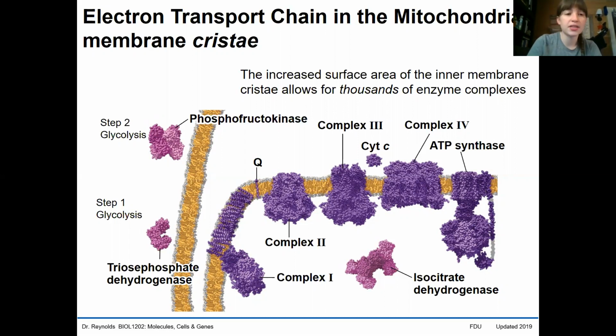So enzymes like phosphofructokinase or triose phosphate dehydrogenase that are part of glycolysis are outside of that outer membrane. There's going to be a space between the two, which is known as the intermembrane space. And this is going to be where all the protons are found in this complex.